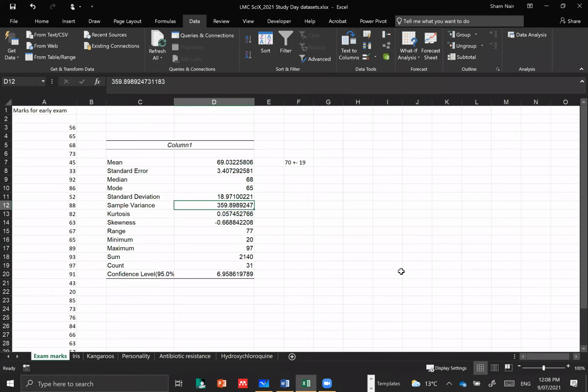As science extensions, you just need to be familiar with using this type of data. I'll show you an example of a NESA sample exam question where you actually use the standard deviation data to argue the validity of the experiment.